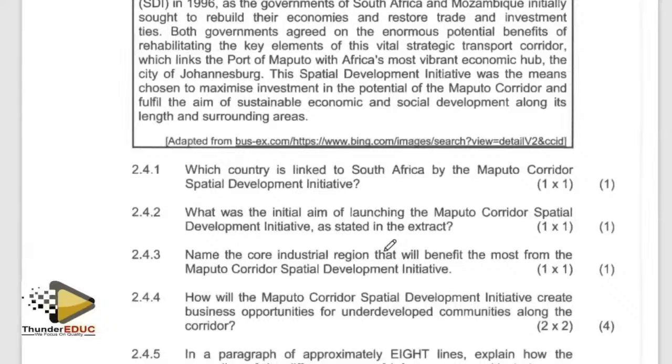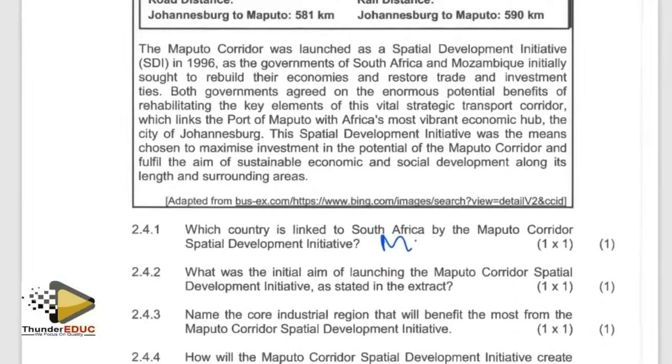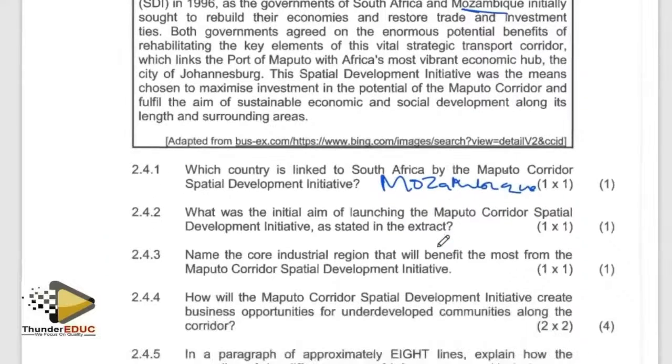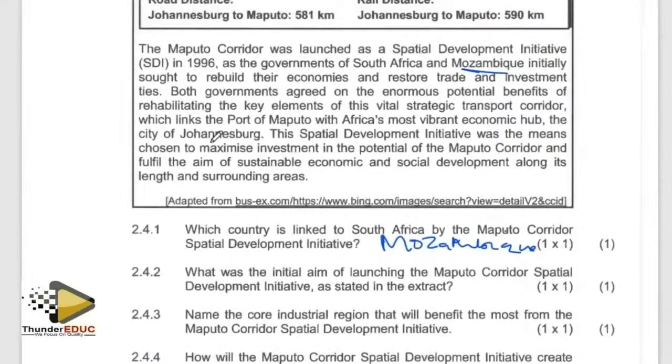First question: which country is linked to South Africa by the Maputo Corridor Spatial Development Initiative? Obviously, the answer is anywhere here. Okay, Mozambique. What was the initial aim of launching the Maputo Corridor? The initial aim of launching the Maputo Spatial Development Initiative, as stated in the extract. I think it says to maximize investments.